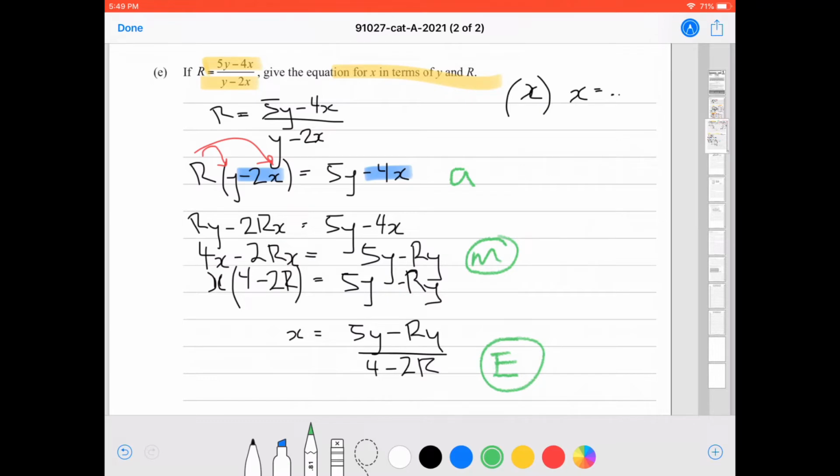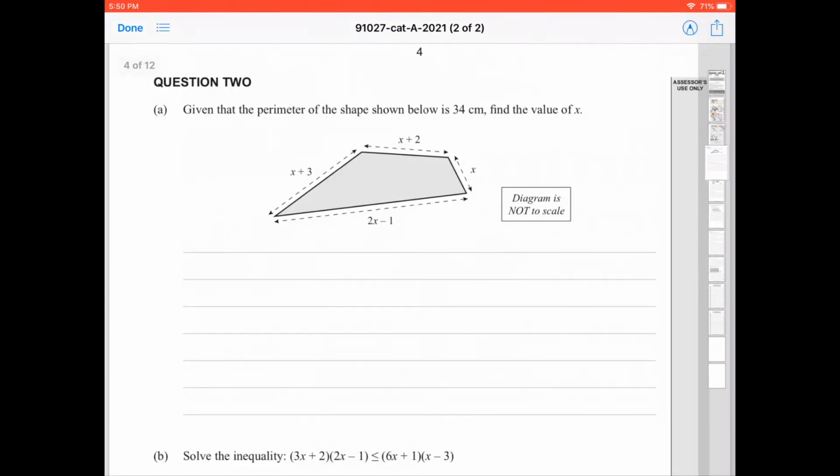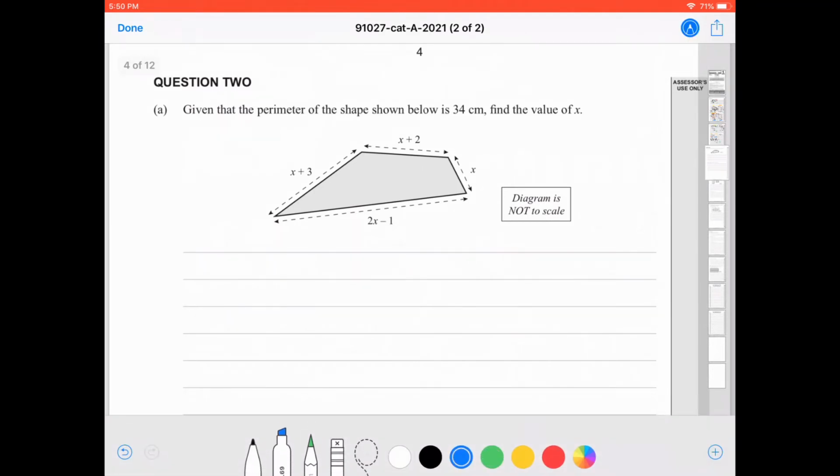Okay, moving on to question 2. So question 2a: given that the perimeter of the shape shown below is 34 centimeters, find the value of x. So we've got these dimensions here: x plus 2, x, 2x minus 1, and x plus 3.